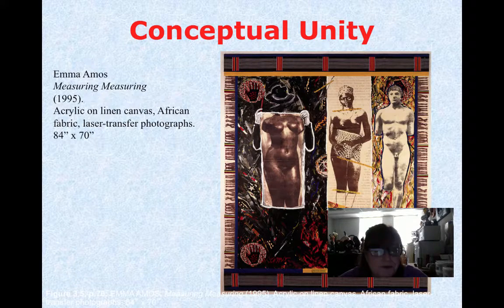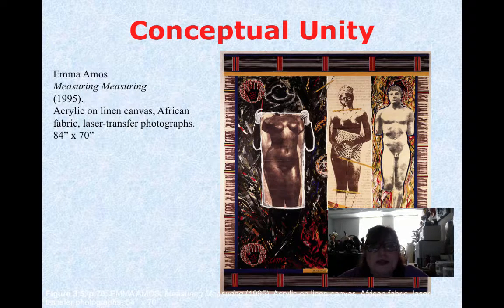She's still alive. And this is a mixed media piece, which means she's taken more than one kind of media and put it together. So it's acrylic on canvas, it's African fabric, and she's also used laser transfer photographs, and she's also done some painting on it as well. Oh, that's the acrylic. So anyway, take a look at it. And what is being measured here? It's called Measuring.